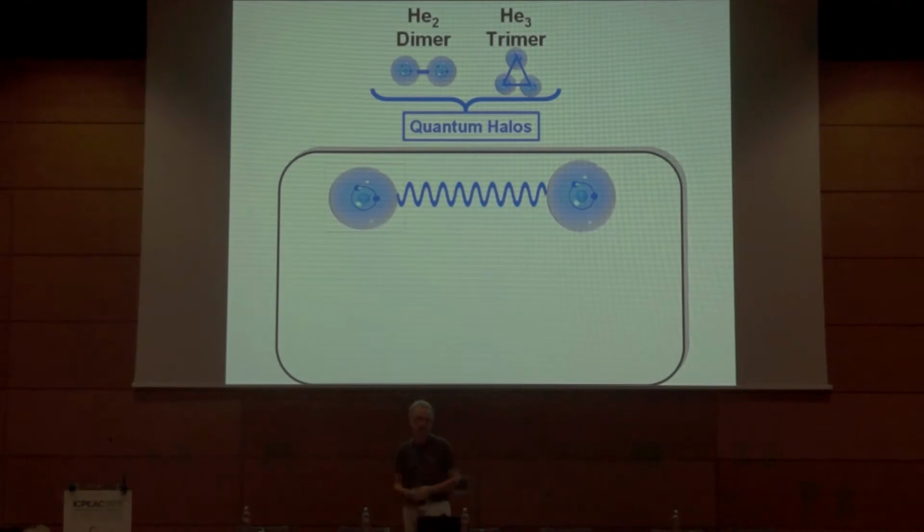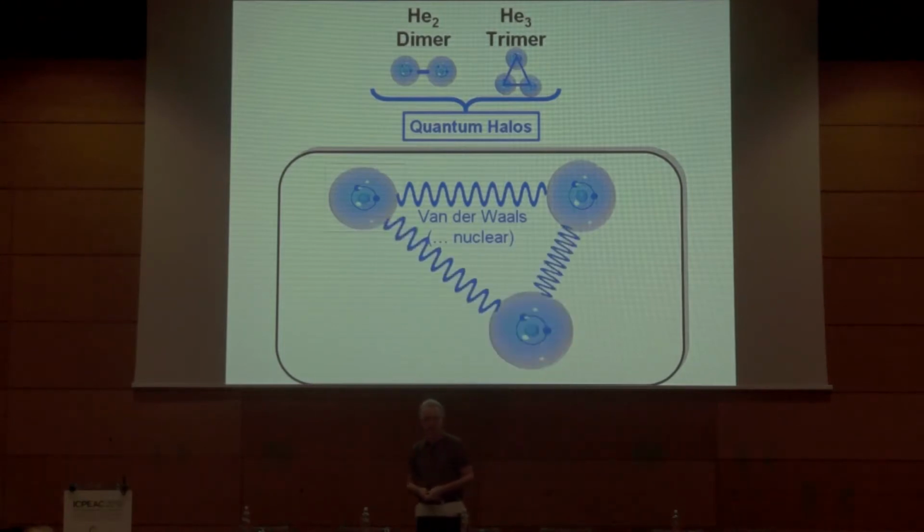And that is, if you have a few-body system, like 2 atoms bound together, or 3 atoms, by a short-range potential, a short-range potential like the van der Waals force, but the same would also hold for nuclei which you bind together by the nuclear force.